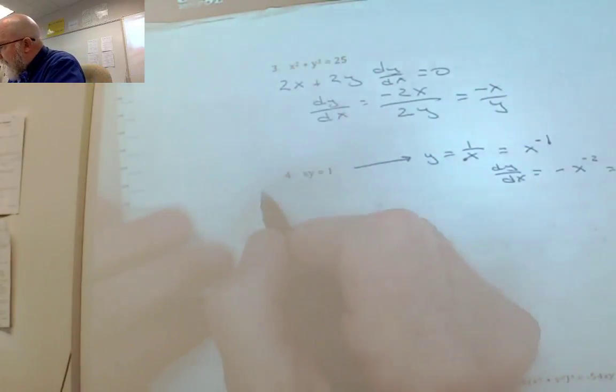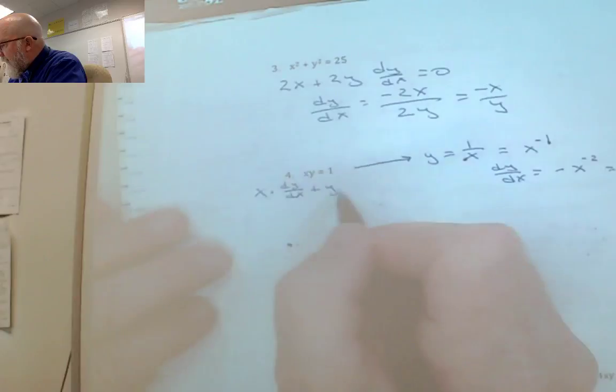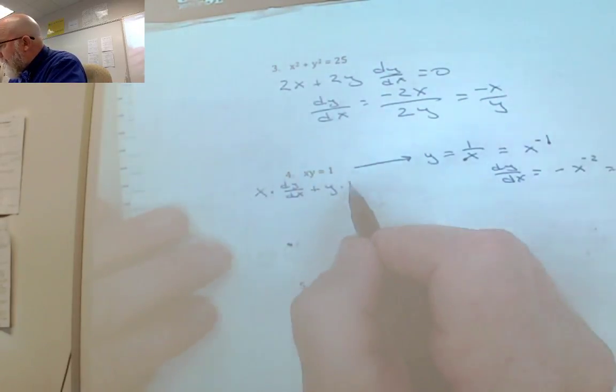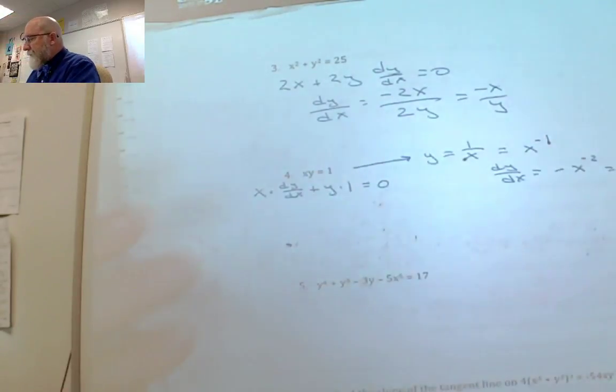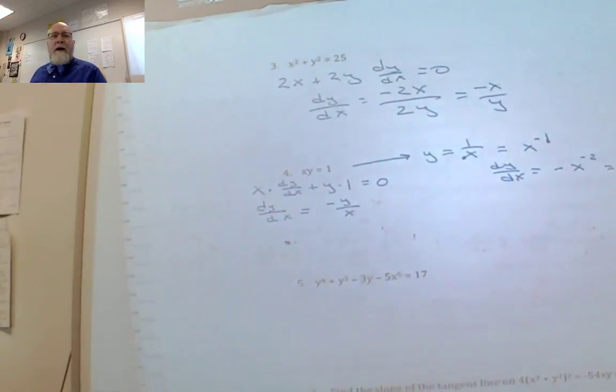So I'm going to take x times the derivative of y, which is dy/dx, plus y times the derivative of x, which I could write as dx over dx, or what? 1, is equal to 0. Now that means dy/dx is equal to a negative y over x. Does everybody see the algebra I did there?